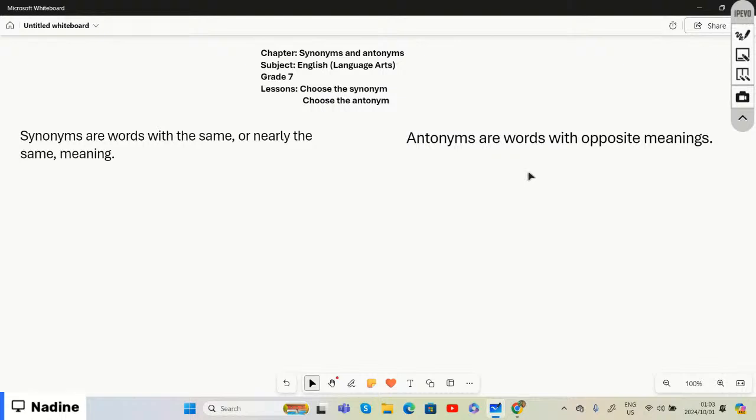The lessons we are going to focus on under this chapter are to choose the synonym and to choose the antonym. That is going to be our lessons for today.